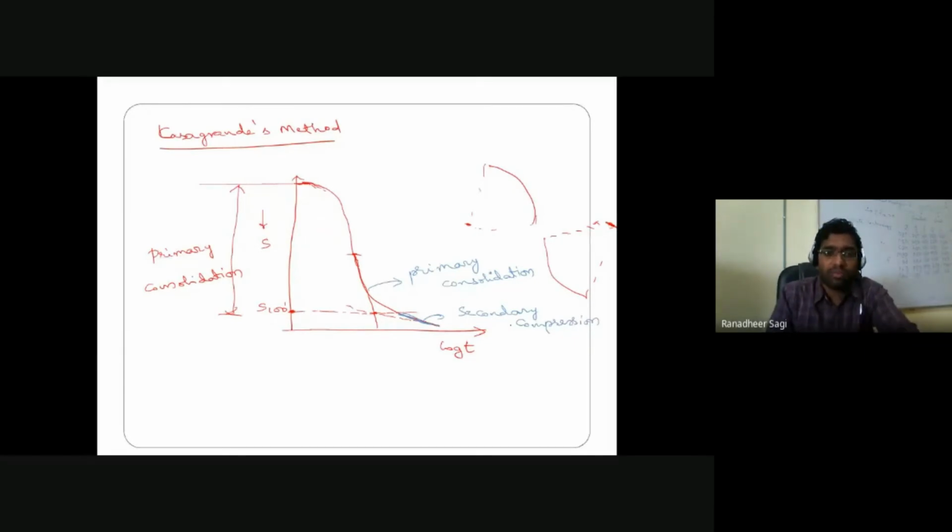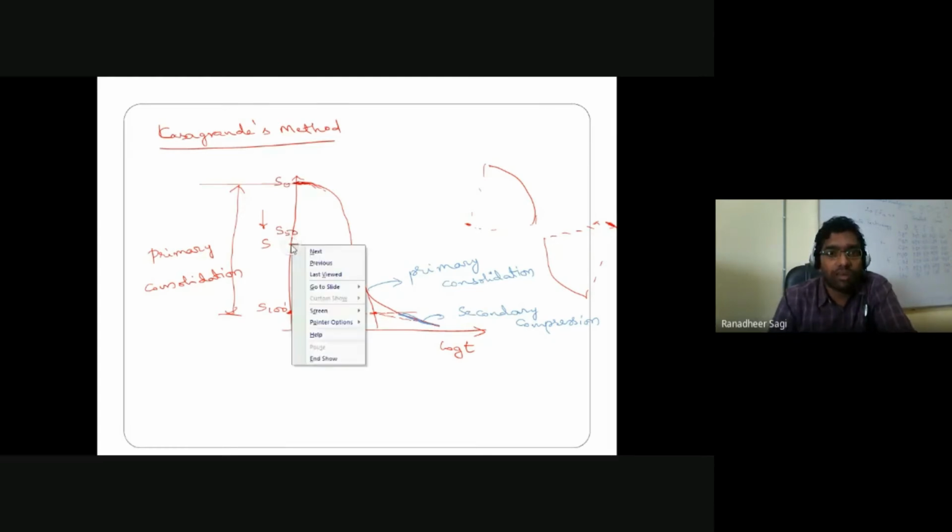Okay. Now my objective in this particular Casagrande's method is first to identify where the 100% degree of consolidation point corresponds to, the settlement corresponding to 100% degree of consolidation. Then we say that this is the initial portion of the curve. Roughly, I can say this is the point corresponding to 0% degree of consolidation. So at the halfway distance in between, I'll be representing the settlement corresponding to 50% degree of consolidation.